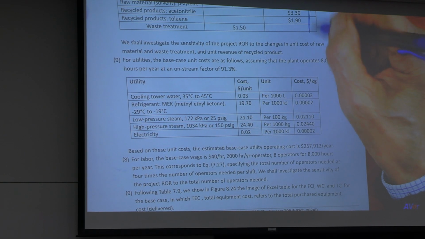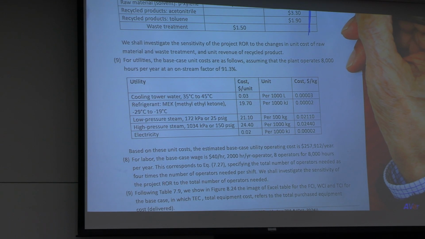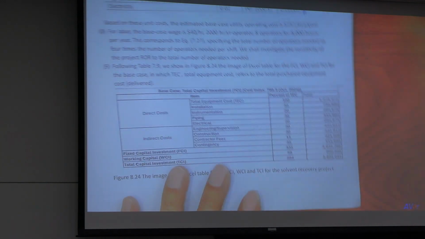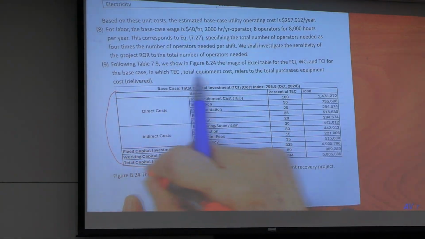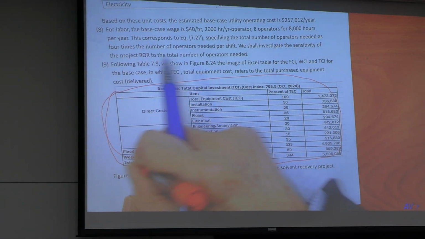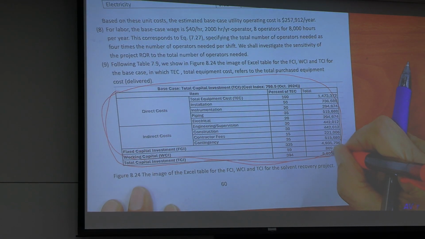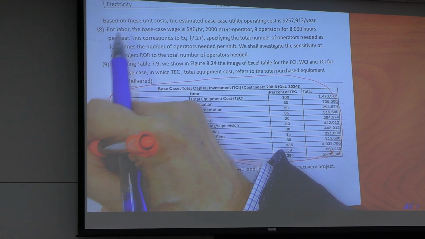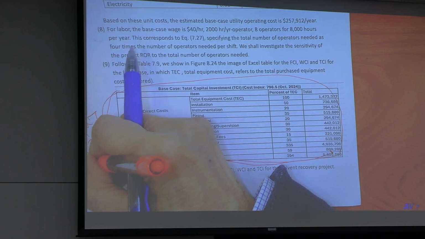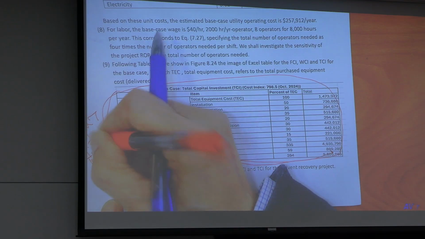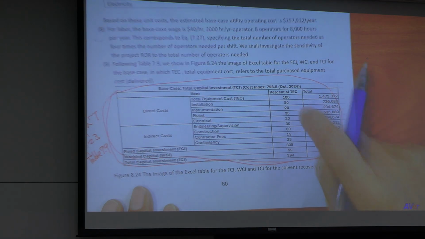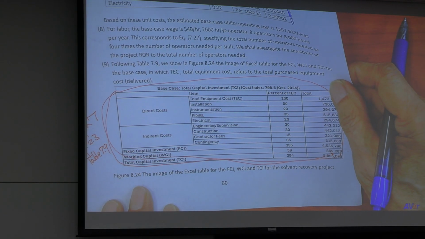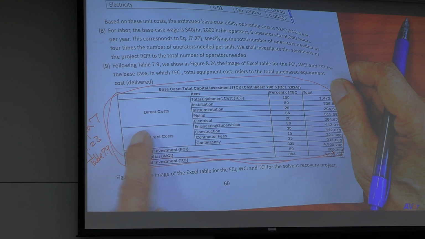You have this cost, material, utility, last semester. Here is the table. I'm going to show you chapter 7, page 23, table 7.9. How do you come up with this? That is what you need in your final project report.